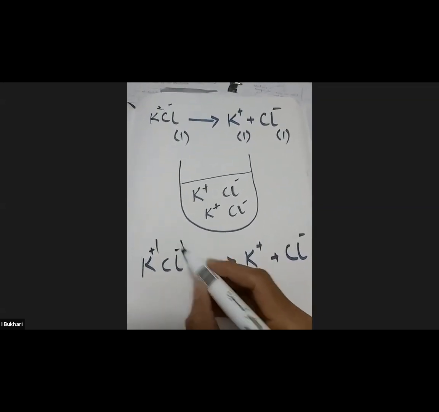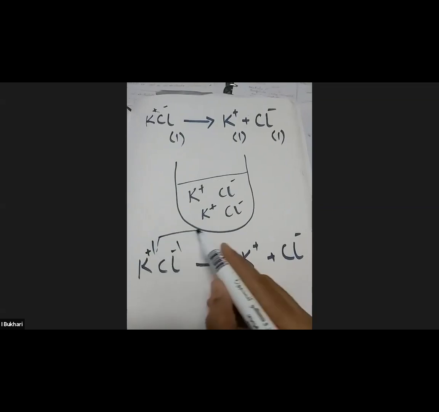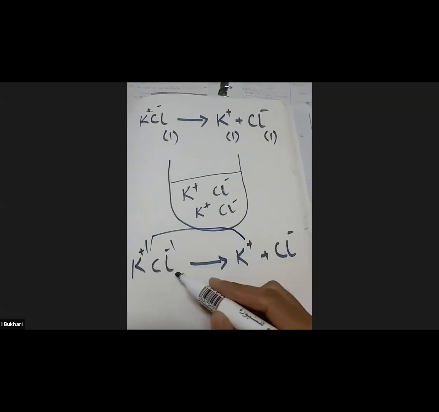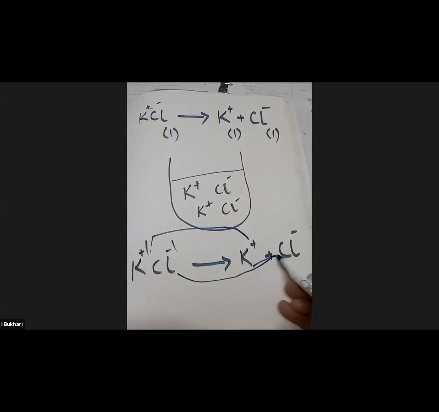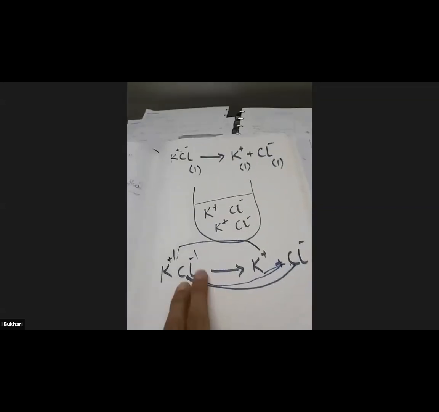It is -1. So nothing is happening. It is +1 here as well. This is -1 here as well. Nothing happened. I have just written them in separate form. This is already ionized. The only thing is I wrote it together. That's all I did, and you guys got confused.